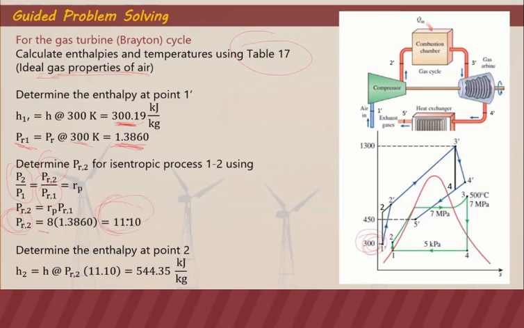So we can use this 11.10 to get the enthalpy at point 2. The enthalpy at PR2 of 11.10 is 544.35 kilojoules per kilogram. So this is the enthalpy here at 2. But since we have an isentropic efficiency for the compressor, it deviates to 2 prime. So what we got here is 2, not the 2 prime yet.